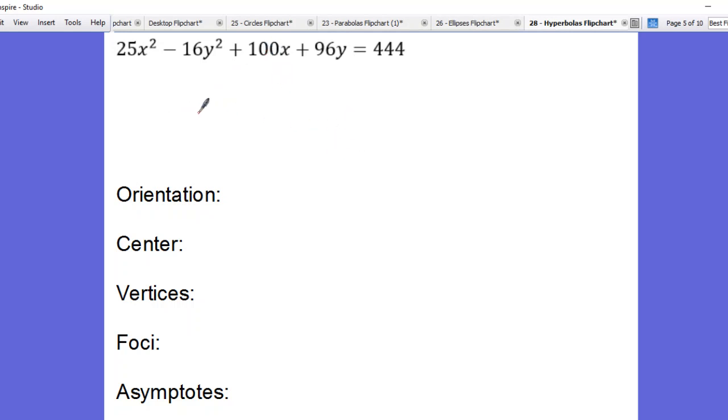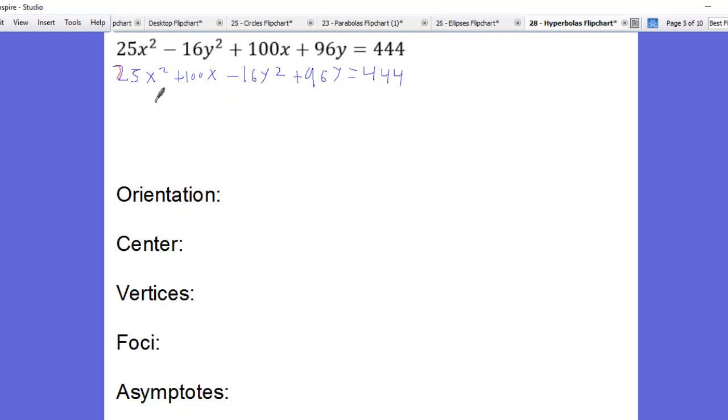So let's group the x's and the y's. Let's do blue here. 25x squared plus 100x minus 16y squared plus 96y equals 444.